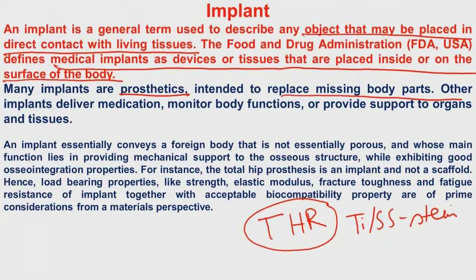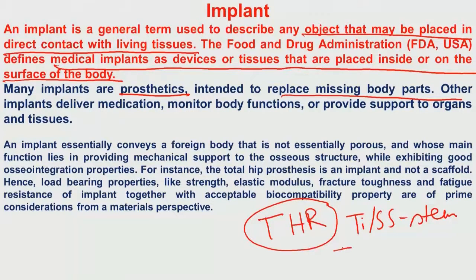It is essentially a 3-dimensional solid, non-porous structure, which is intended to carry a lot of mechanical load, as well as to function under a large number of fatigue cycles during mechanical loading conditions. So, therefore, implants are by definition meant for mechanical load bearing applications.